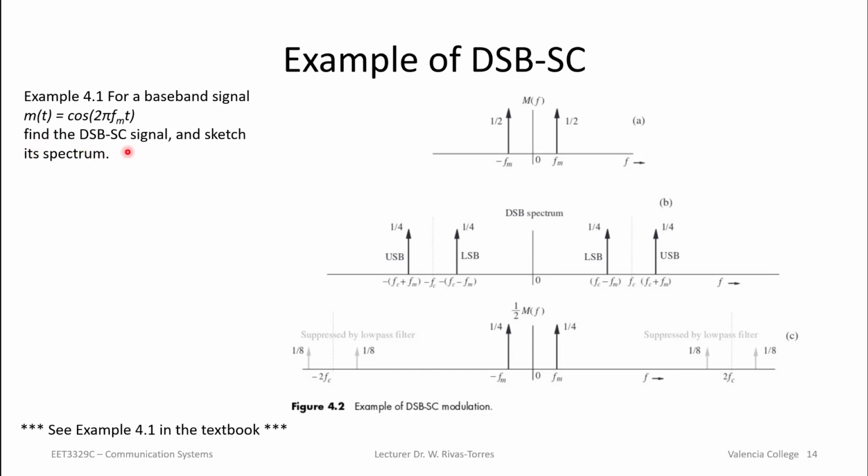What we do is we just take these two and shift them by fc. If you shift by fc, you have to reduce the magnitude by half. So this was already 1/2, so it reduces to 1/4. And you see there's no DC at this point, so there's no carrier here. That's what we meant by suppressed carrier.